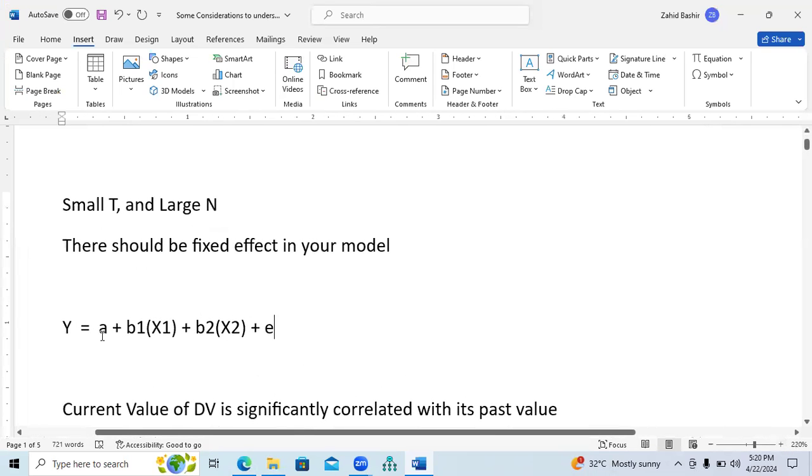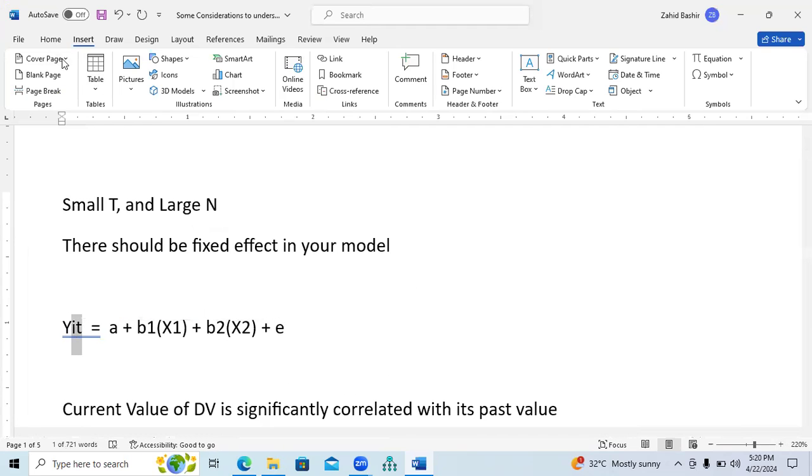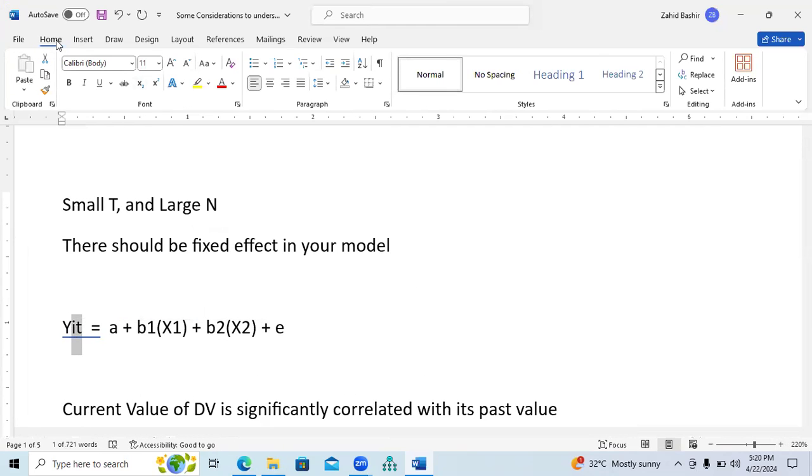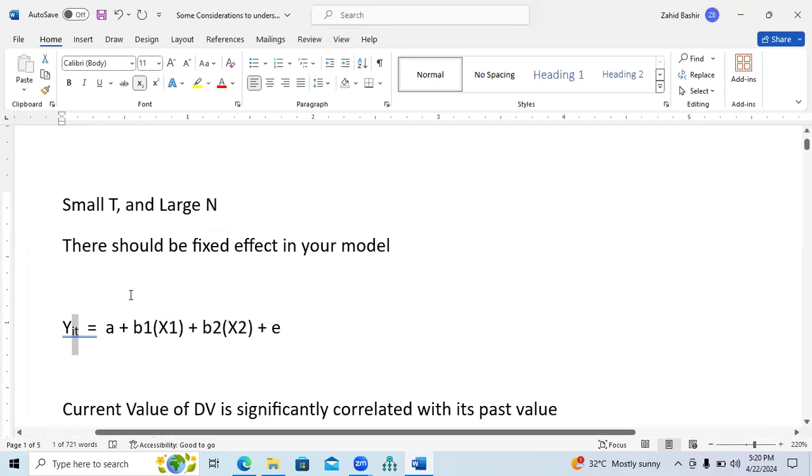Now, if we include subscript IT here, it will become the panel data model. If we do not include the subscript IT, it would be a pooled model. So let's include the subscript IT with every variable, whether it is dependent or independent. Now it becomes a simple panel data model.